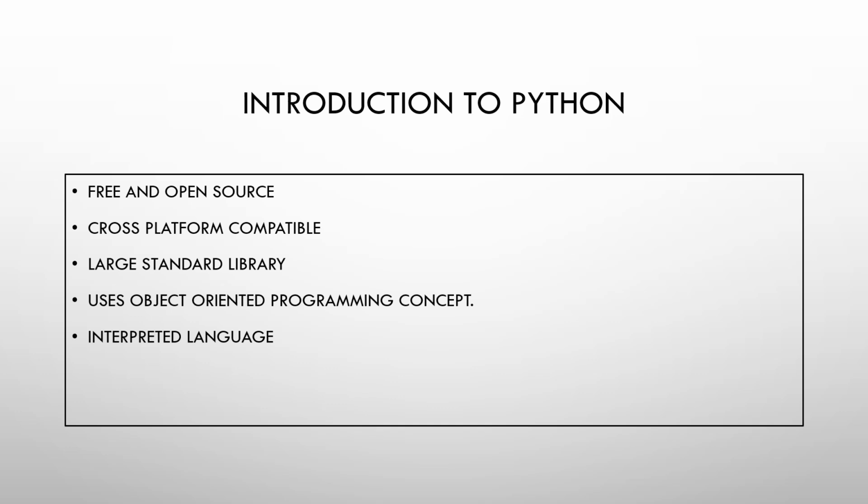Then the Python interpreter reads the bytecode line by line during the interpretation phase. Then it translates bytecode instructions into machine code, which can be understood and executed by the computer's processor. So that is interpreted language. So Python is an interpreted language.